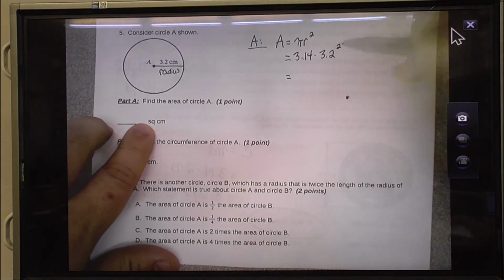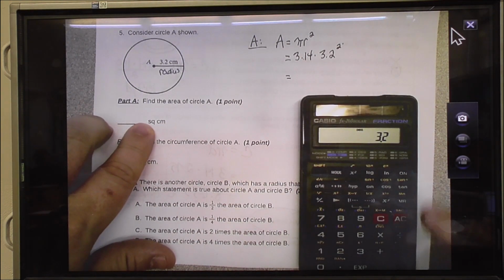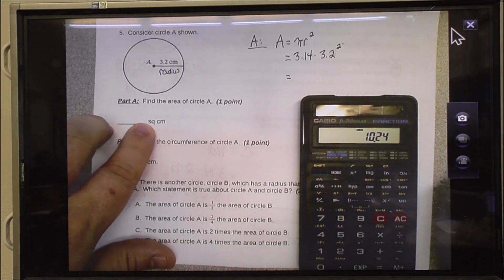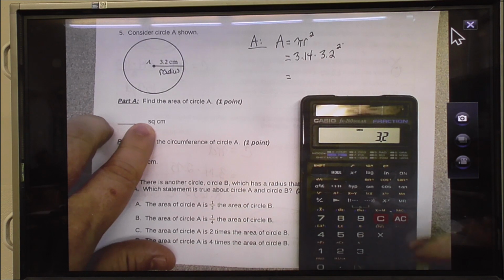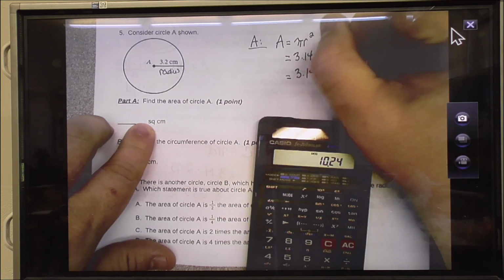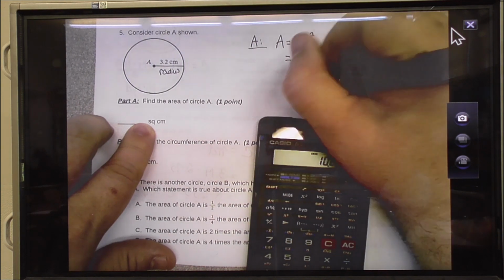So the first thing I gotta do is do this exponent. So 3.2. And if you wanted to square it, there's a square button on your calculator, or you can just simply do 3.2 times 3.2 and get 10.24. So it's 3.14 times 10.24.